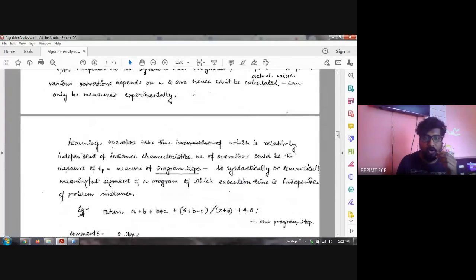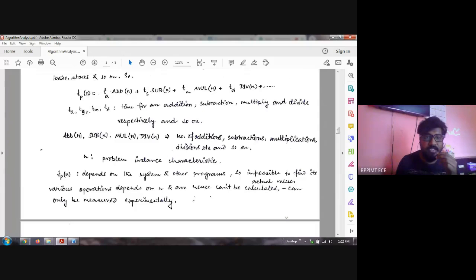So assuming operators take time which is relatively independent of instance characteristics, the number of operations. So if all the TA, TS, TM, TD are equal to 1, then TP(n) is nothing but the sum of addition operations, the sum of subtraction operations, the sum of multiplications, the sum of divisions.